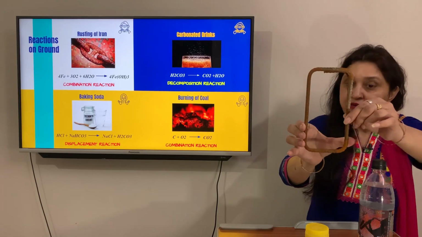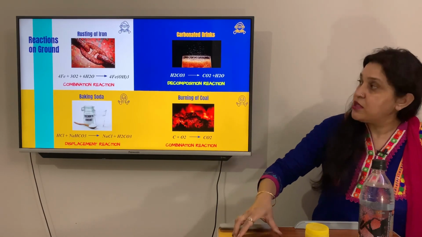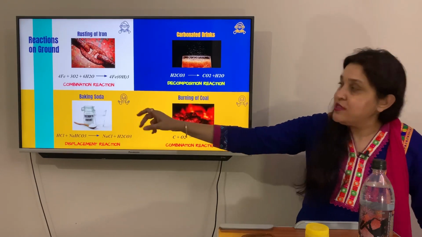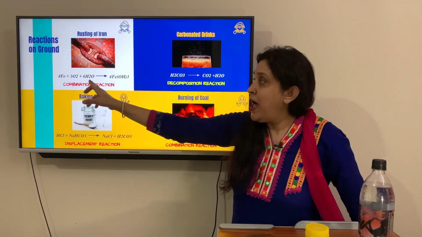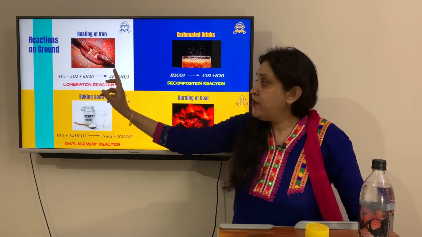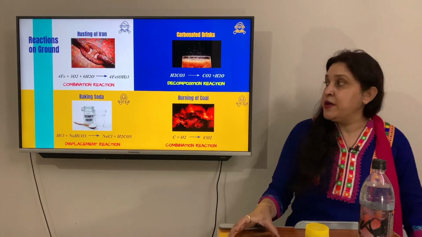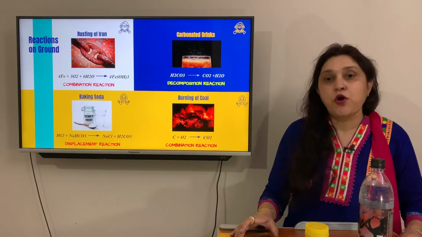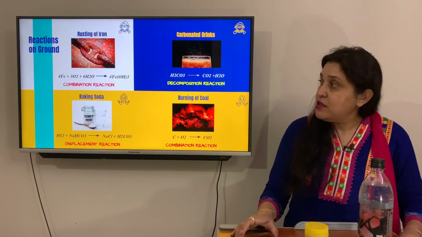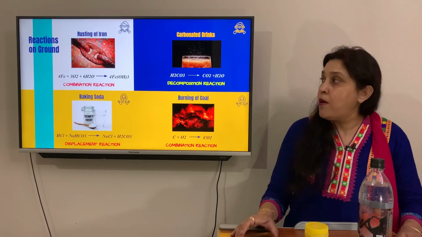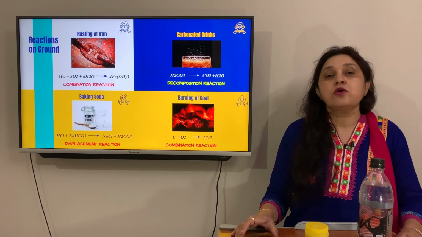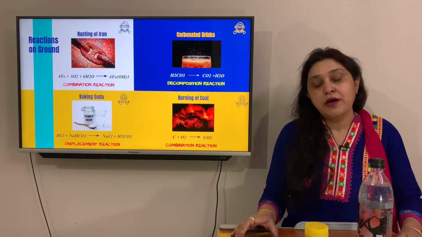So what type of reaction is this? See in this picture, Fe is iron plus oxygen and water. It forms Fe(OH)3, ferric hydroxide, and because in this reaction two or more than two reactants form a compound, this is also called combination reaction.